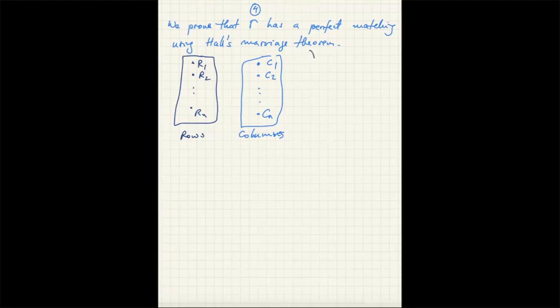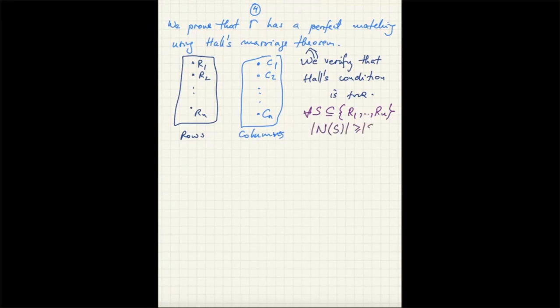In order to use it, we have to verify that Hall's condition is satisfied. Hall's condition is that for any S, a subset of rows in the row set, the neighborhood of S has cardinality at least the cardinality of S in this graph gamma.